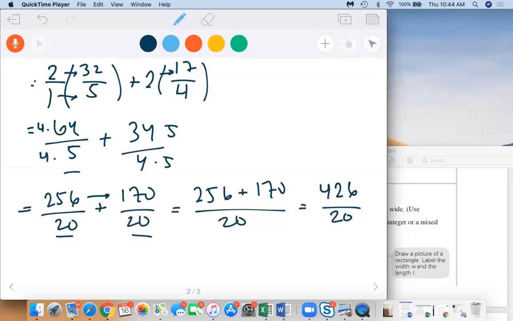And I'm not done there, right? Because I still need to convert this to a mixed number. But before that, I know that these numbers are both even, so I can divide top and bottom by 2. That's going to give me 213 over 10. I don't think there's anything else to simplify, but I still need to convert it to a mixed number.